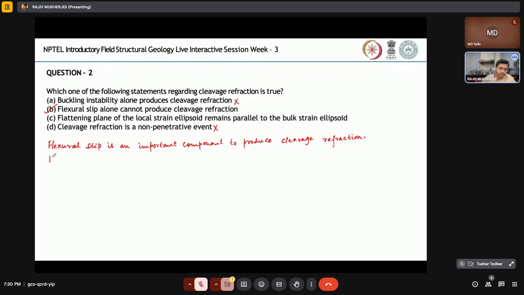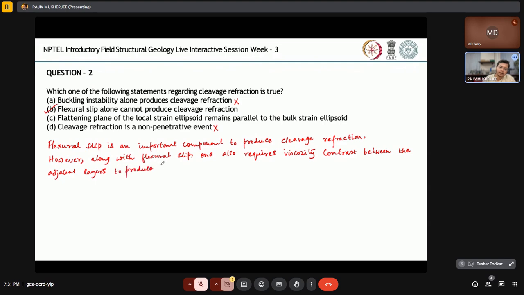However, along with flexural slip, one also requires viscosity contrast between the adjacent layers to produce cleavage refraction.